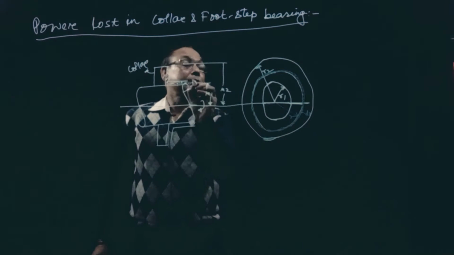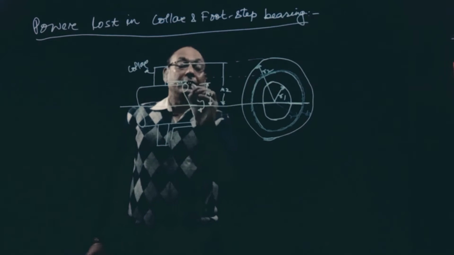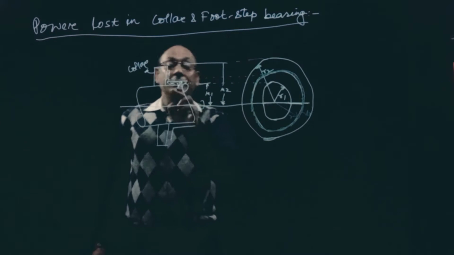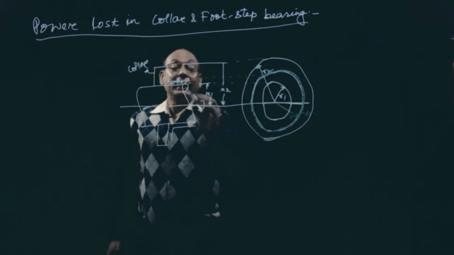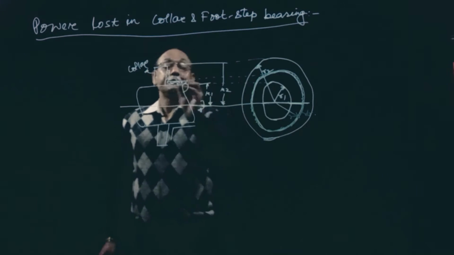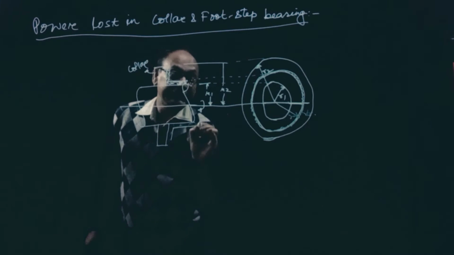This is similar to this one. See here, the smaller radius is R1 and the outer collar radius is R2, and in between this, viscous oil is used, and that is the clearance, okay.